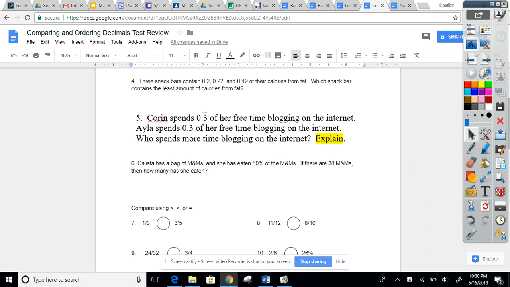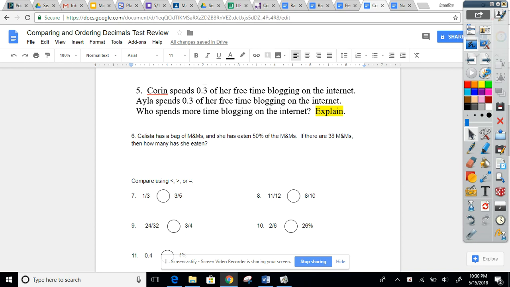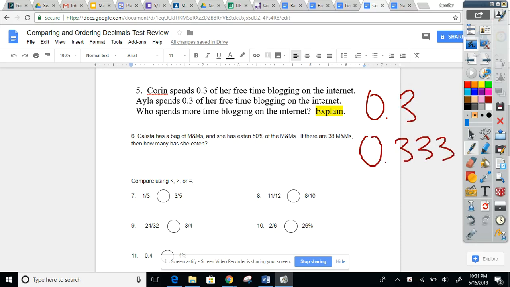Number 5, please remember, if it has the bar over it, it means it repeats. So if I have this compared to this over and over, which one is larger? If we look at our tenths place, they're both 3's, so then we have to go on. Everything behind here is a 0.